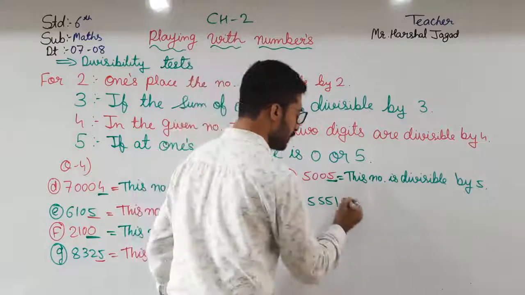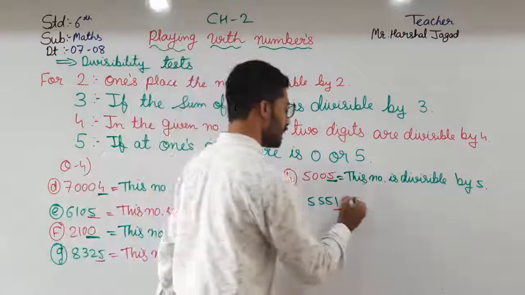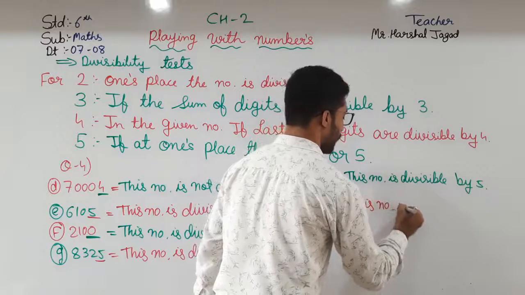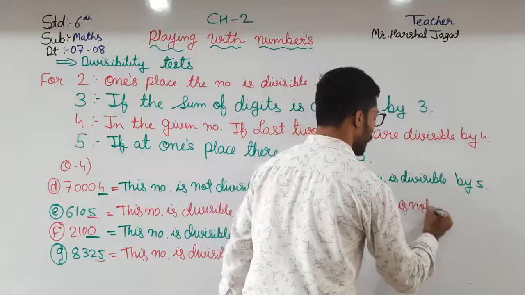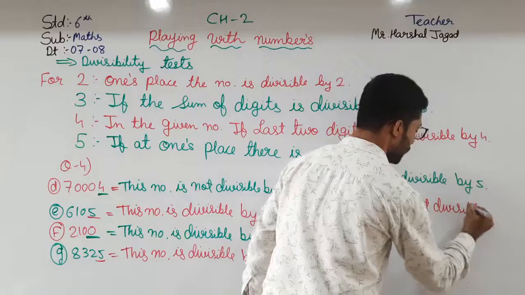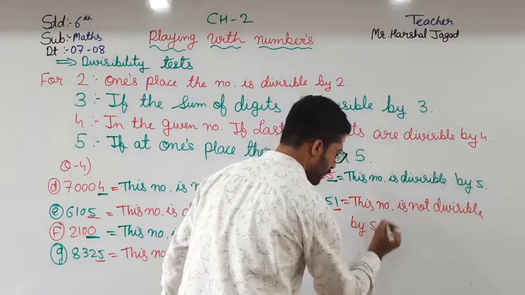Then after here it is 1. So 1 is not included, so this number is not divisible by 5.